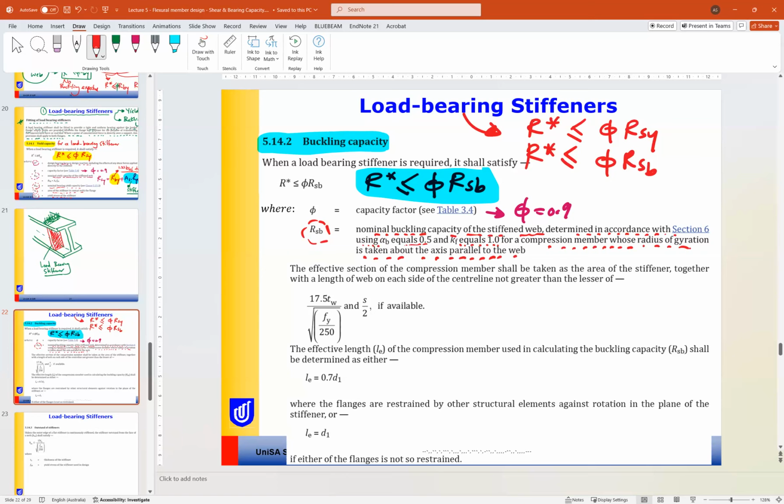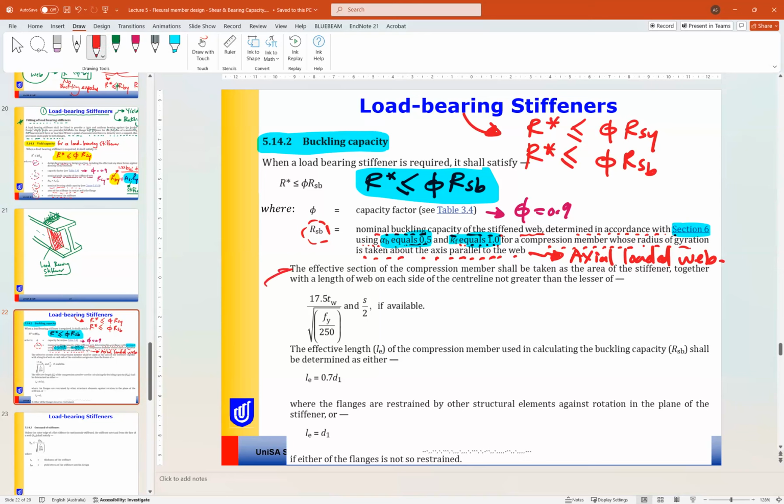So RSB here will be again calculated for an axially loaded web, replacing all the factors as before with alpha b equal to 0.5, kf equal to 1, and using section 6 to find the value.